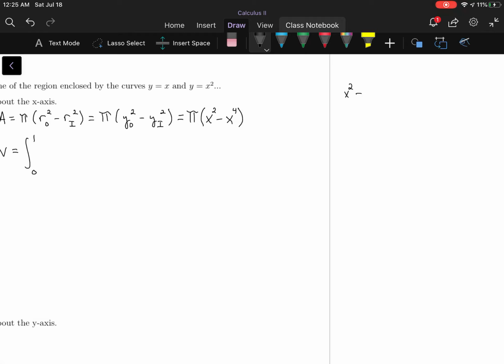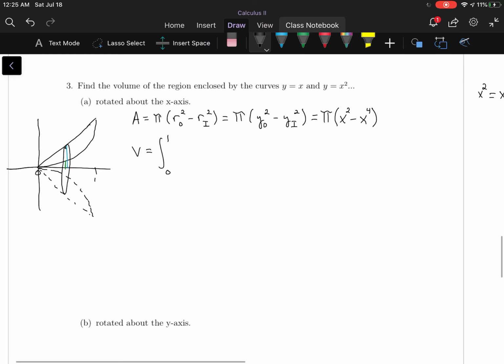So you've got x squared equals x, which is x squared minus x equals 0, which is x times x minus 1 equals 0, which means that x will be 0 or 1. That's the only way that product is going to be 0.